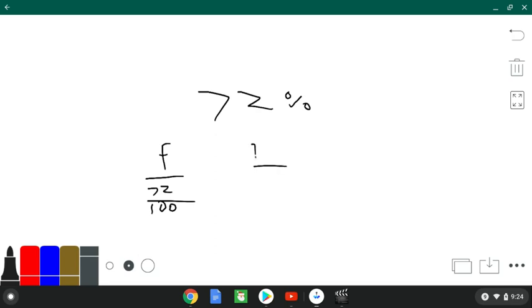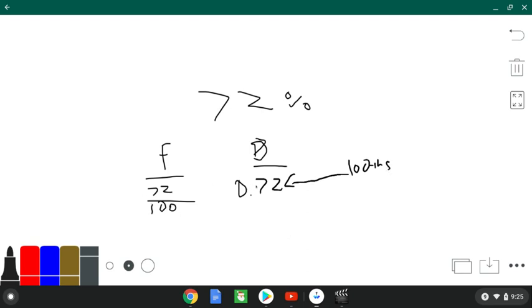In decimals, though, that would be 0.72, because the 2 ends off in the hundredths place, and this is over 100.